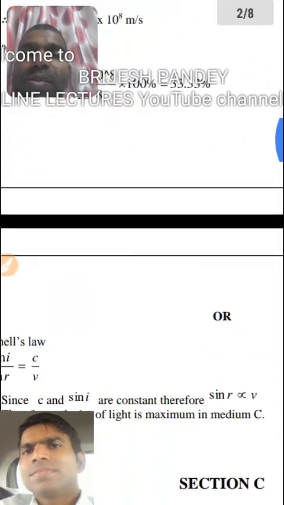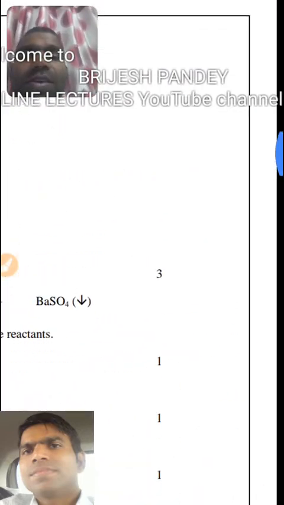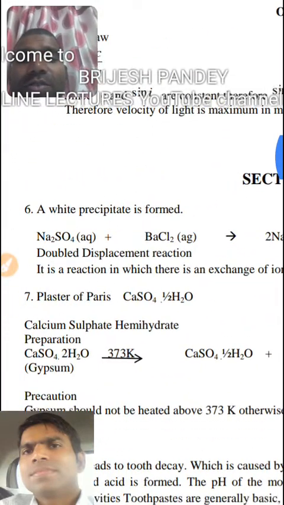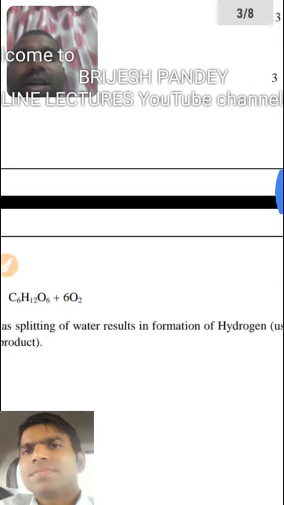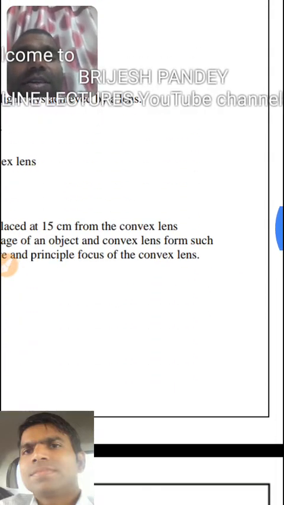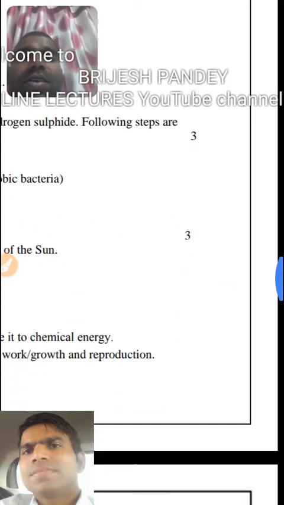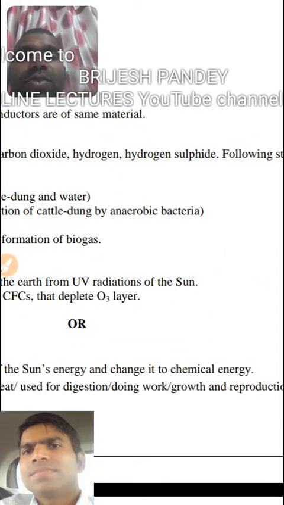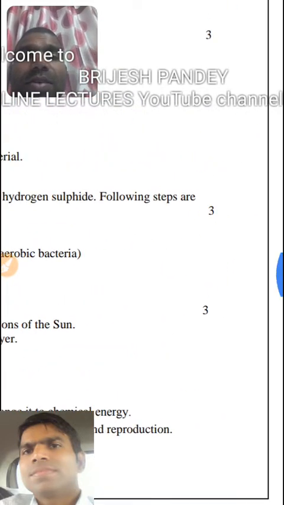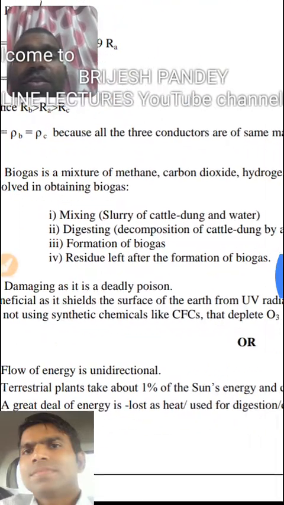So next is section C. Section C has first question of 3 marks, and increasingly going ahead we have questions of 3 marks, like mathematical questions. Rest of the things are 3 marks.